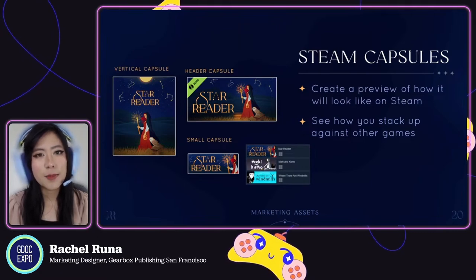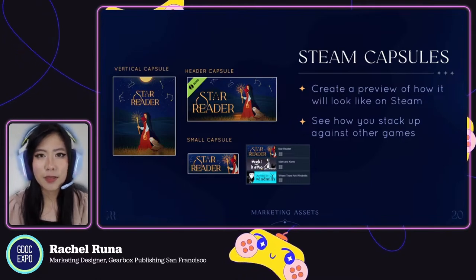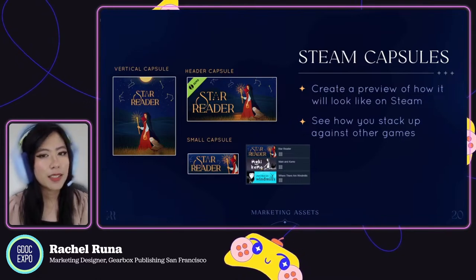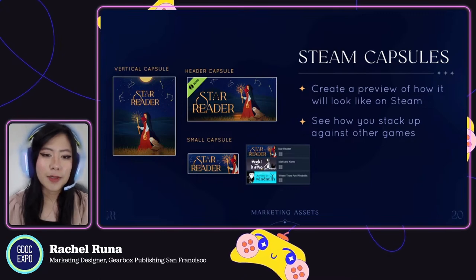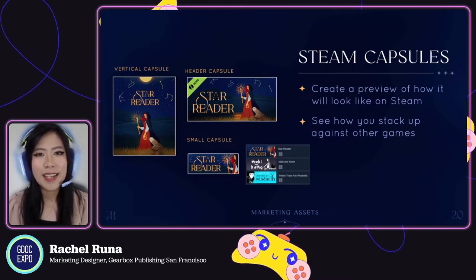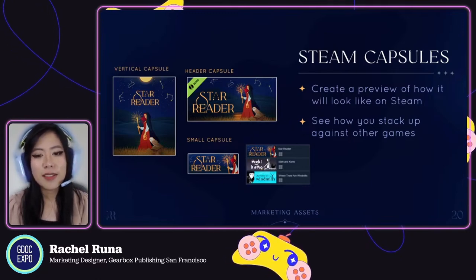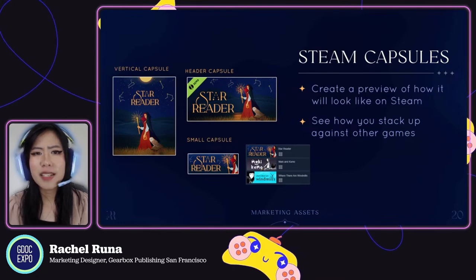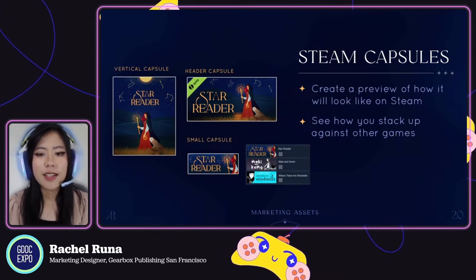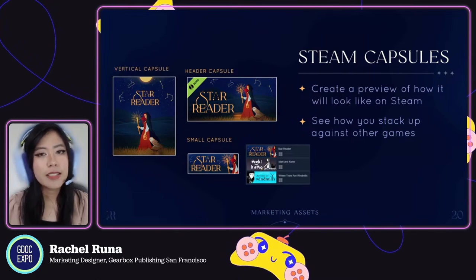And then the second tip is to see how your assets will look against other games or the competition. So for Steam, I use the small capsule here, and I have two other examples of fake games for this presentation as well. And you can see how they look up against each other. And that bottom example in particular really stands out, right?